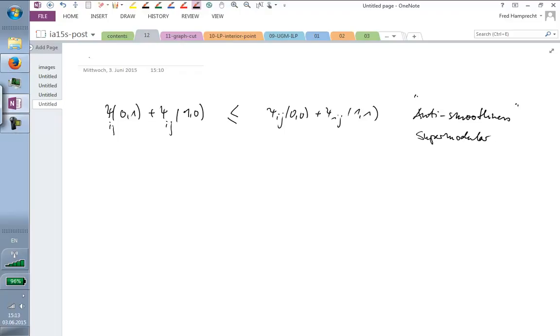So we want to look at pairwise binary non-submodular MRFs.